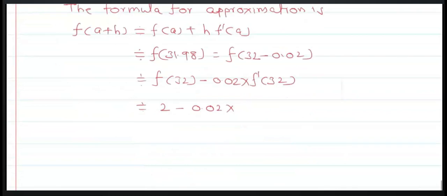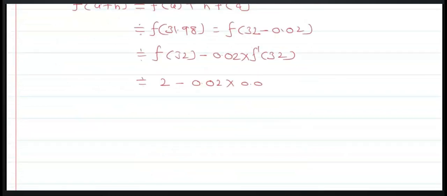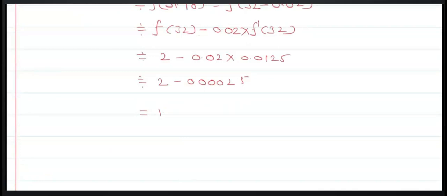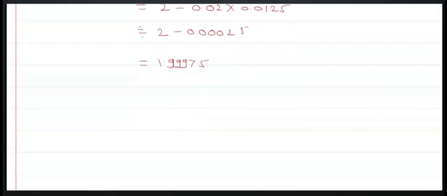If we substitute the values, f of 32 is 2 minus 0.02, f dash of 32 is 0.0125. After the calculations, you will get 1.9975. Therefore, the fifth root of 31.98 is equal to 1.9975.